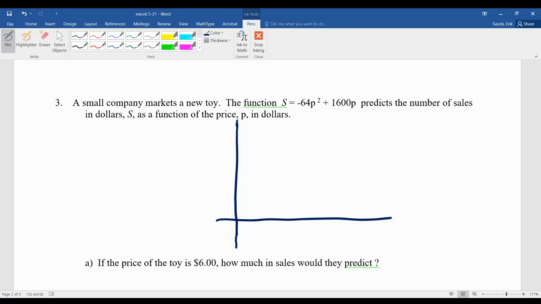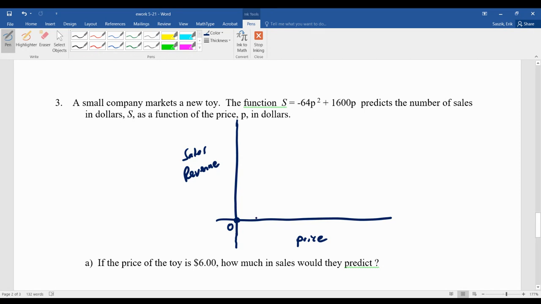I'm showing you some extremes. All right. So we're just going to sketch out a graph here. We're going to talk about price and we're going to talk about sales revenue. Okay. So just think about it. If this was zero, if my price was zero, I could give away whatever I made, right? And I'm not going to get any money.